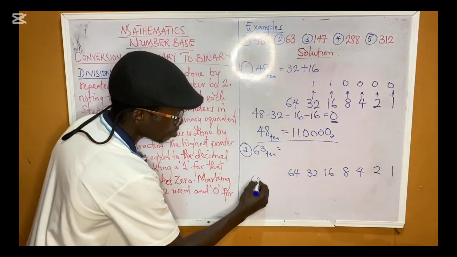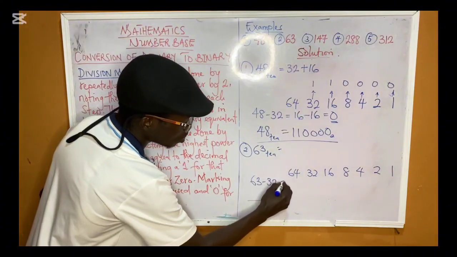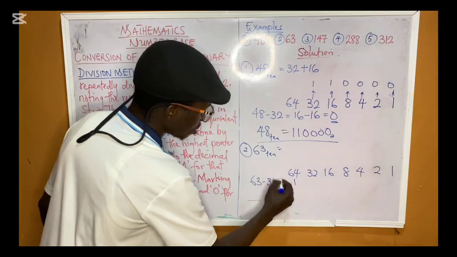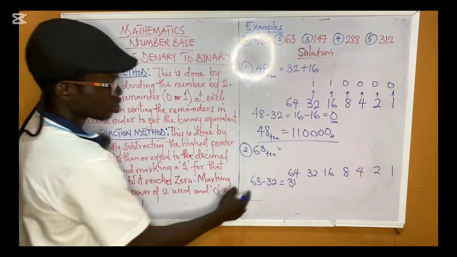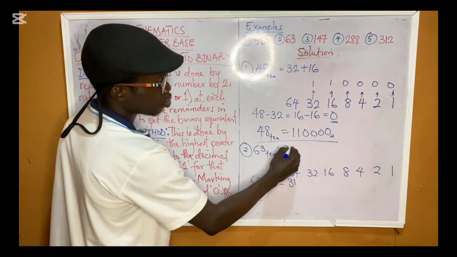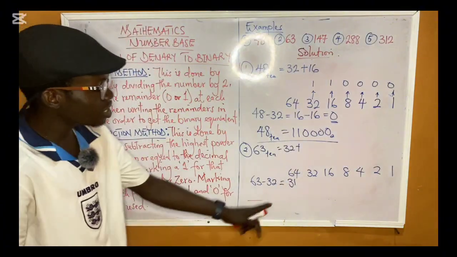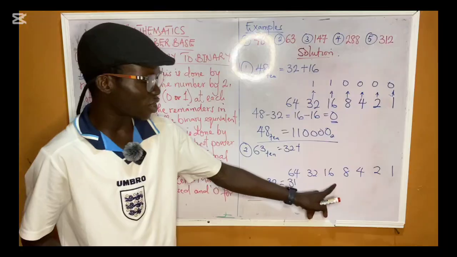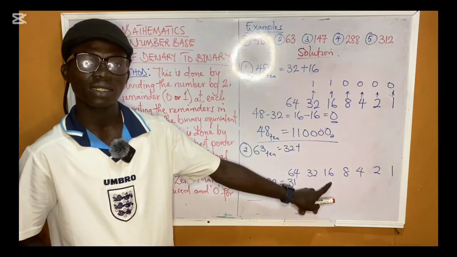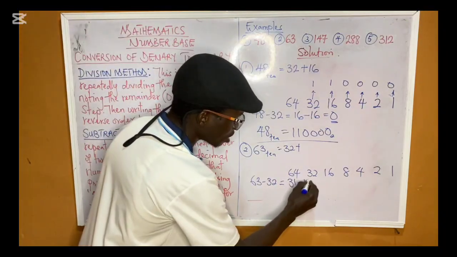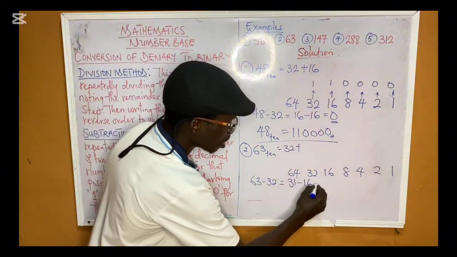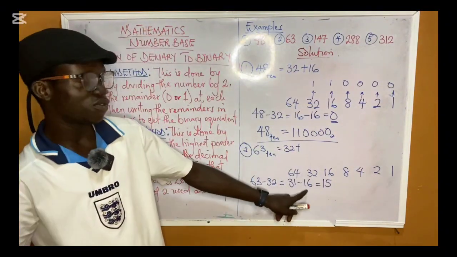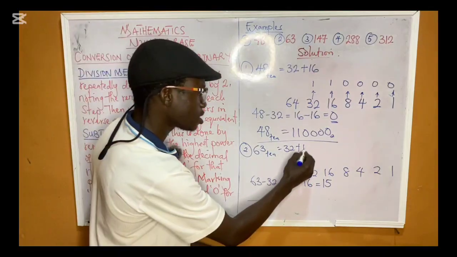So 63 minus 32, the answer to this will be 31. So we've used 32 here, we write 32 plus. Now what's the power of 2 that is very close to 31, which is less than or equal to 31? That is 16. So we subtract 16 from 31. The answer we are going to have is 15. Now we've used 16. We are going to write it here, 16.